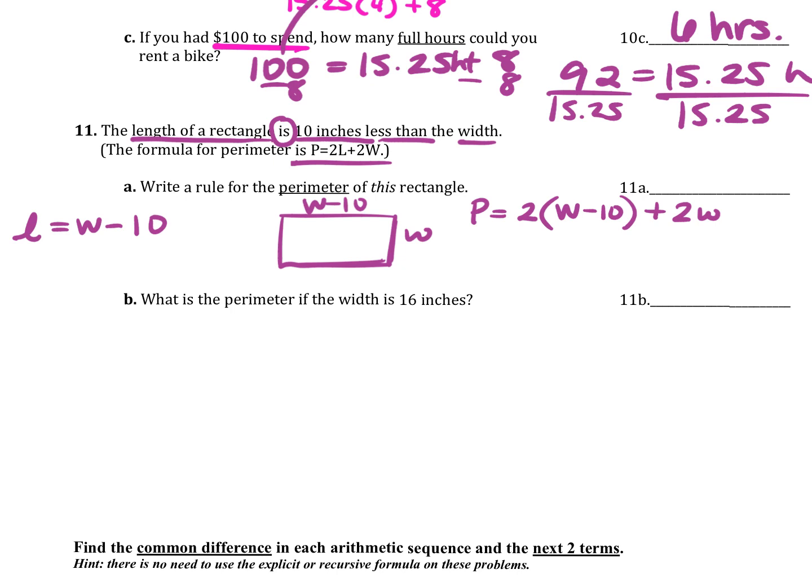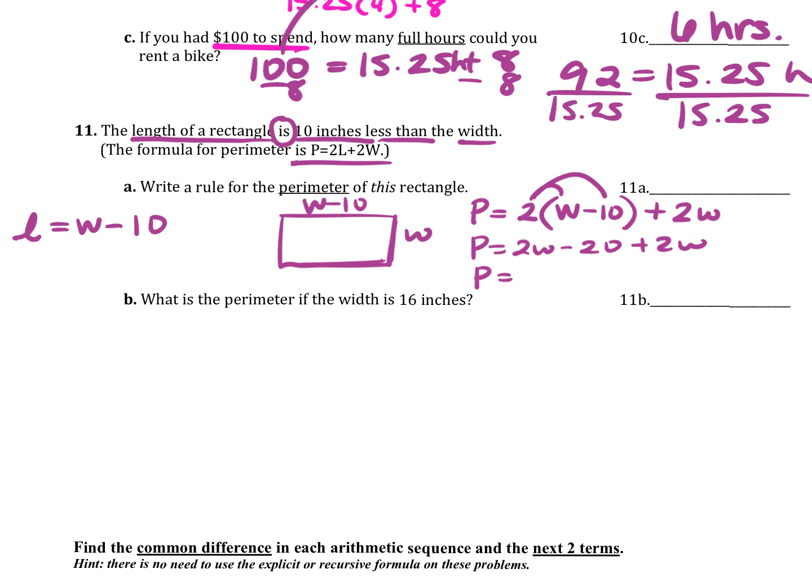Okay? Now, here's the deal. If you want to write that as your answer, I will take that as your answer. If you want to simplify it, I would love for you to simplify it, but I won't force you to on this one. You would distribute this. P equals 2W minus 20 plus 2W.